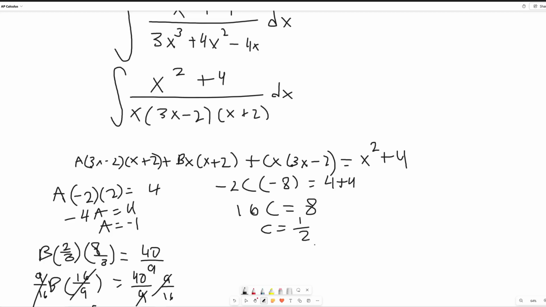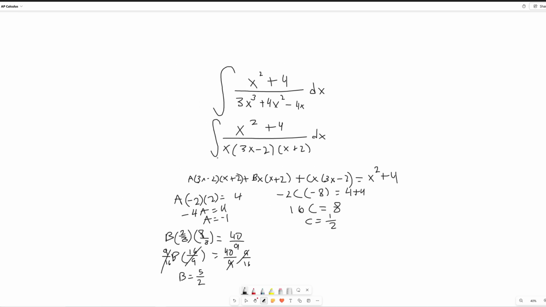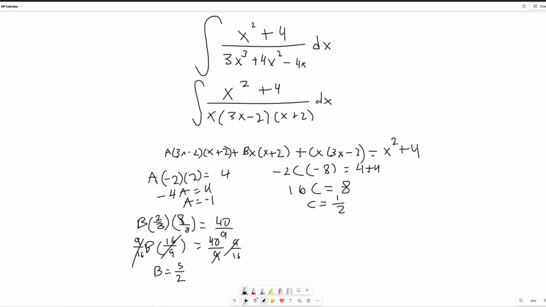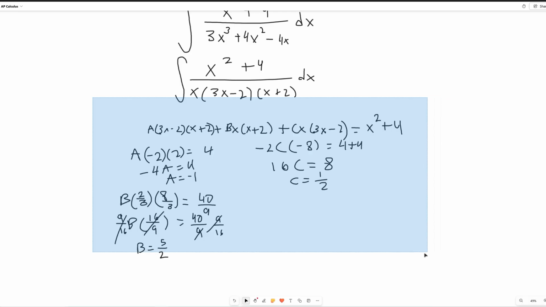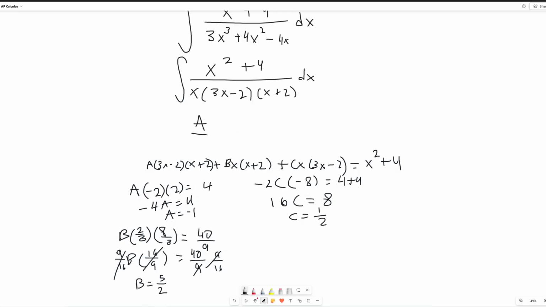All right. After all that work, we finally have our values. So I accidentally erased it earlier, but we originally had a over x plus b over 3x minus 2 plus c over x plus 2.